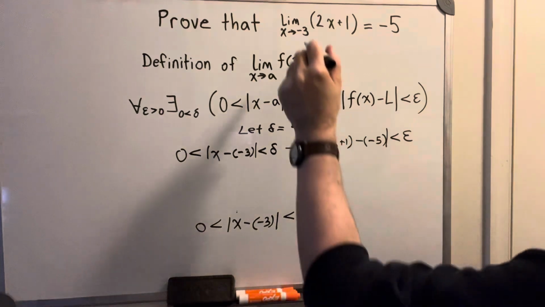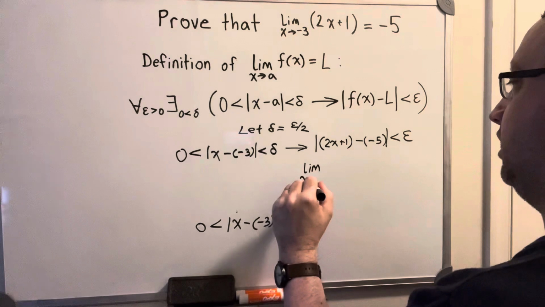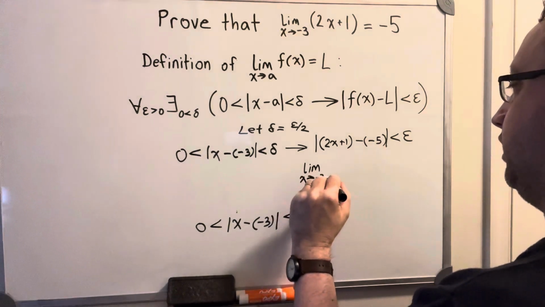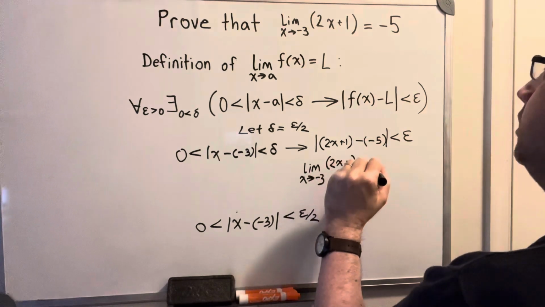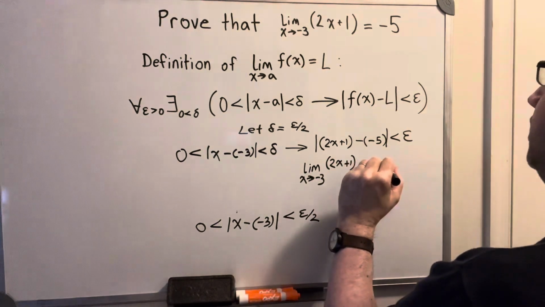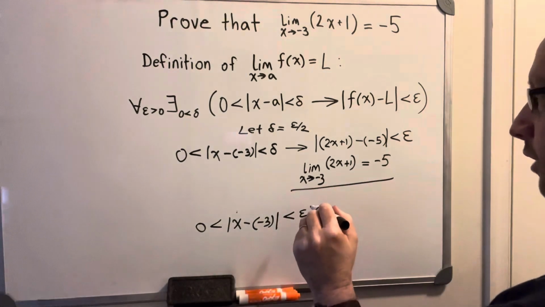So that means that we've proven that the limit as x approaches -3 of 2x plus 1 is -5.